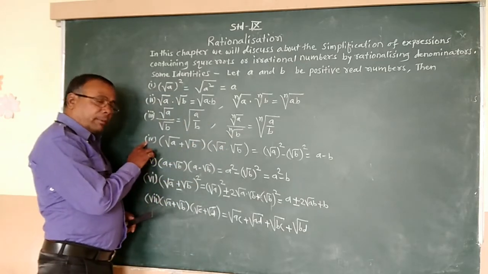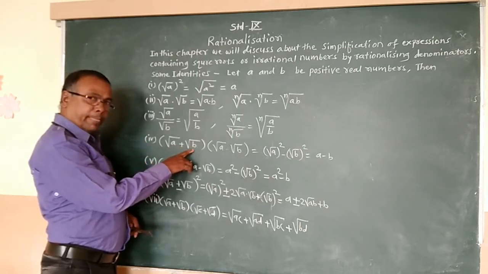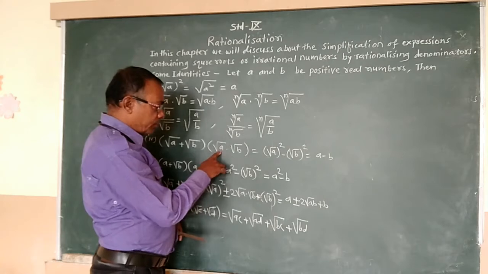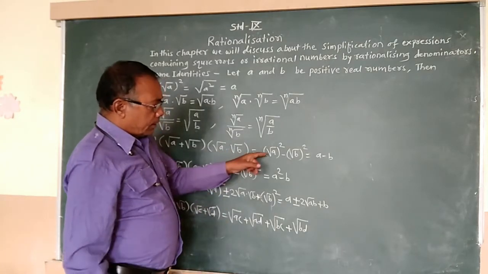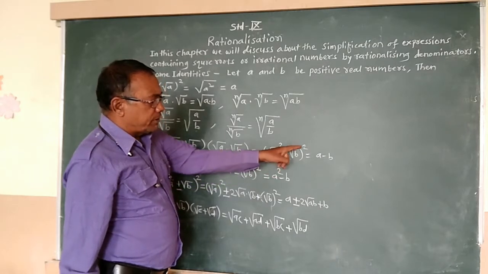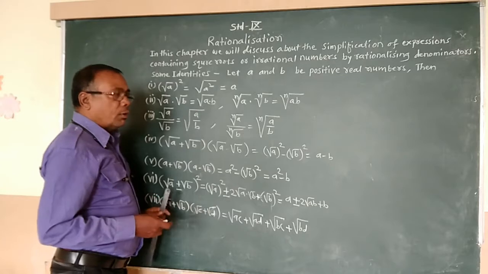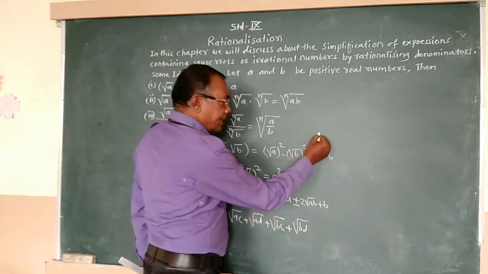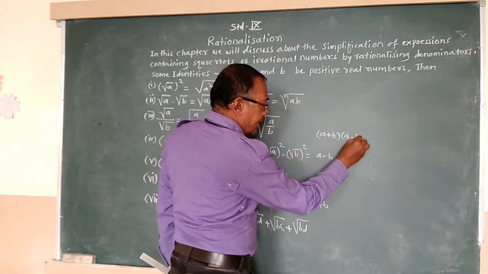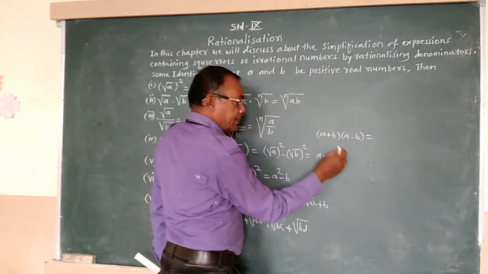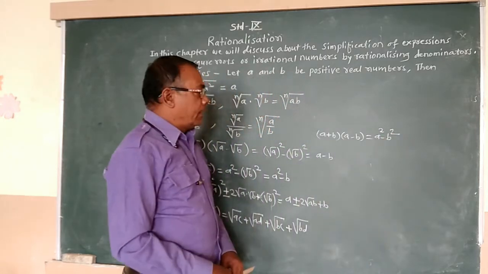The fourth identity is square root a plus square root b into another bracket square root a minus square root b is equal to square root a square minus square root b square, and that is equal to a minus b. Here we have learned the identity a plus b into a minus b is equal to a square minus b square.